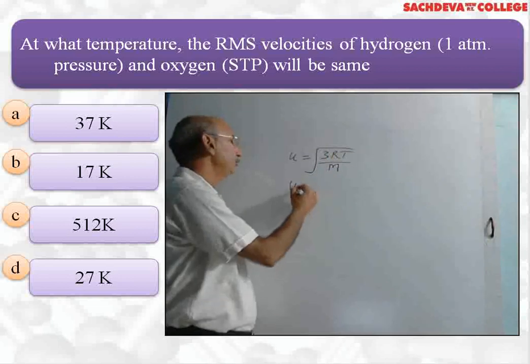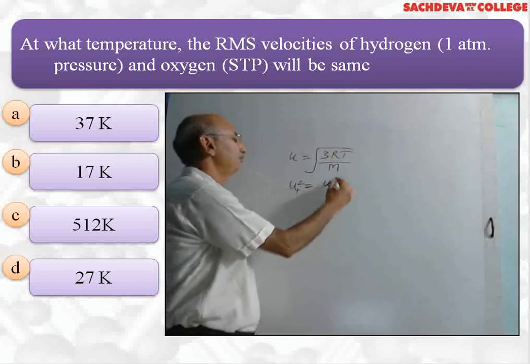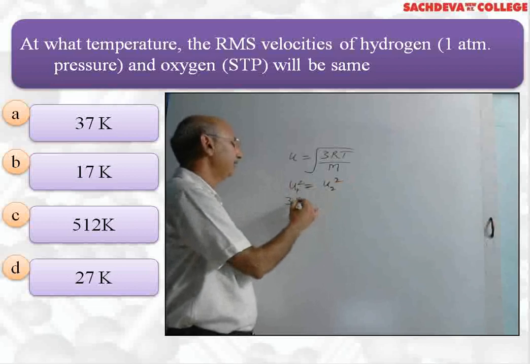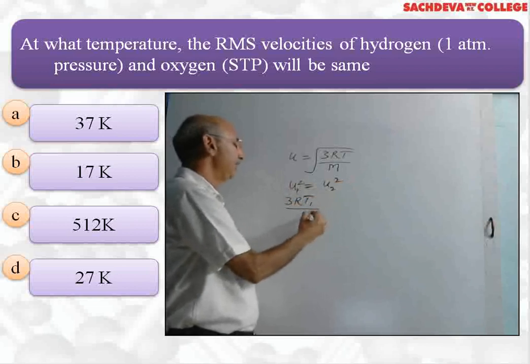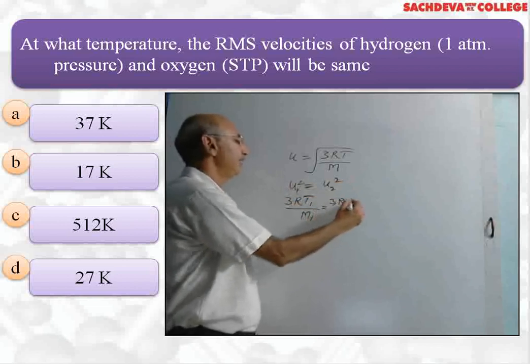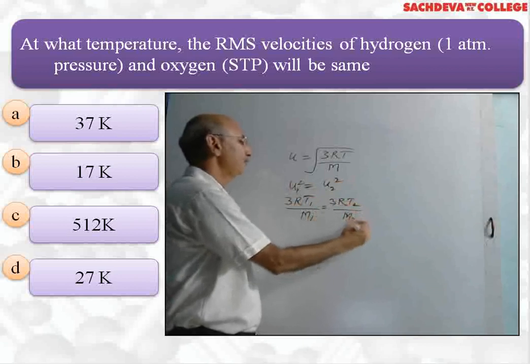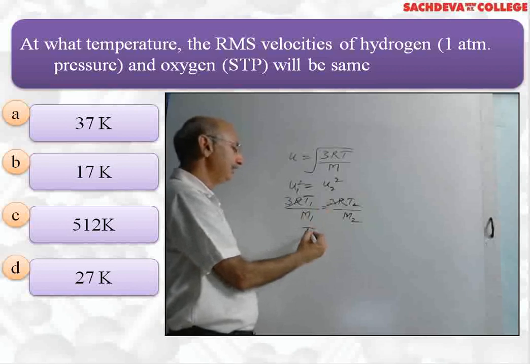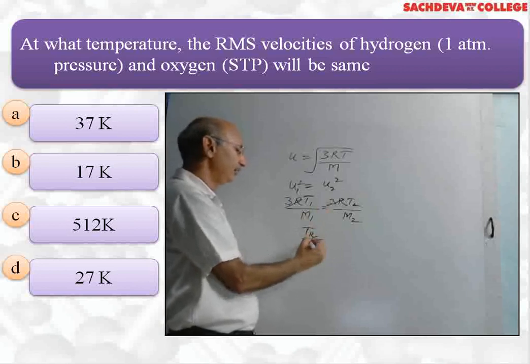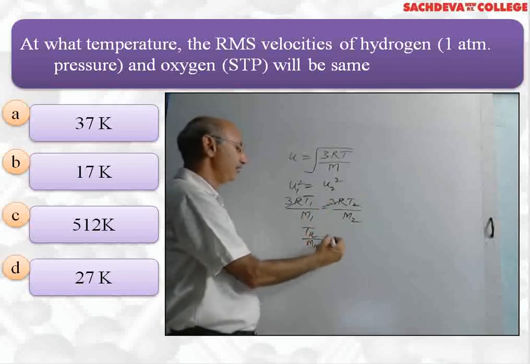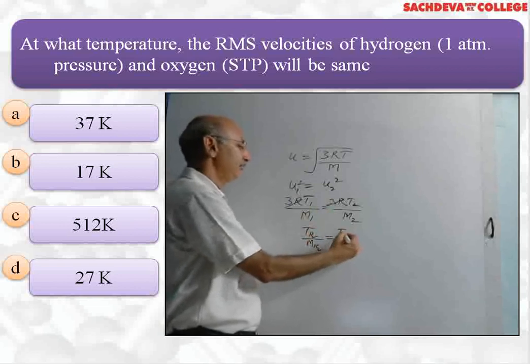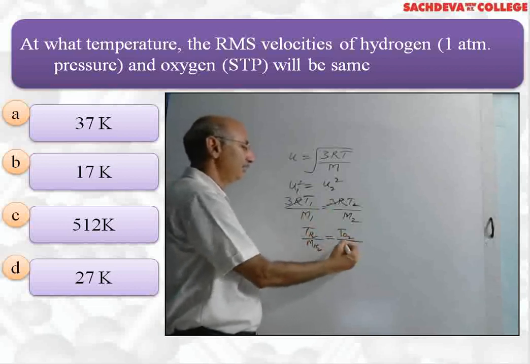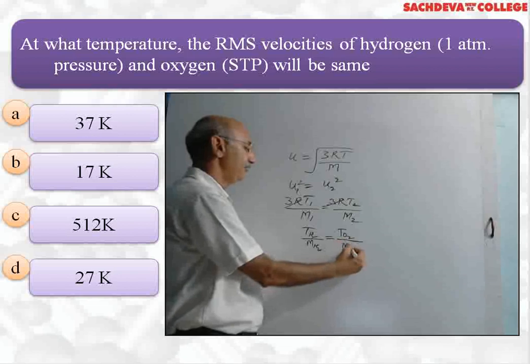It means u1 square is equal to u2 square, or 3RT1 over M1 is equal to 3RT2 over M2. 3R and 3R will get cancelled. So we will get temperature of hydrogen divided by molecular weight of hydrogen is equal to temperature of oxygen divided by molecular weight of oxygen.